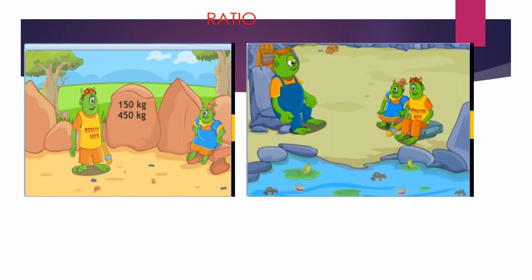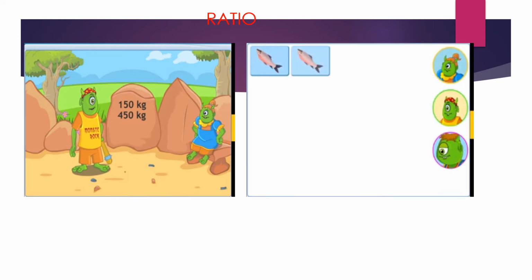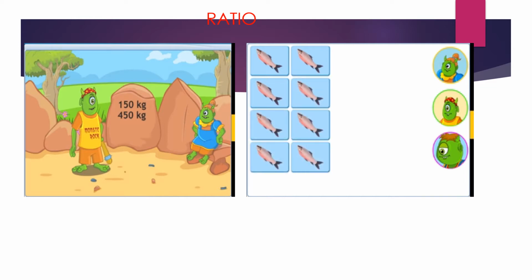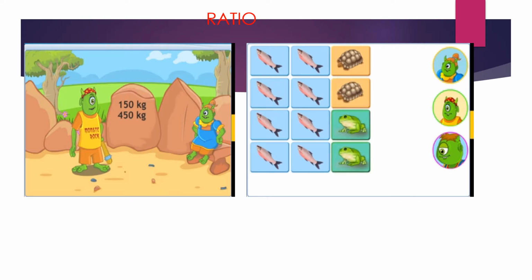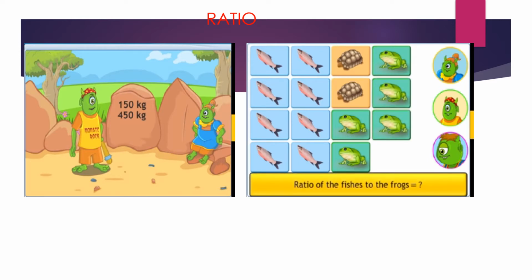Now that you know ratios, let me ask you some questions. There are 8 fishes, 2 turtles, and 5 frogs in our pond. Hefty, tell me the ratio of the fishes to the frogs. 8:5.